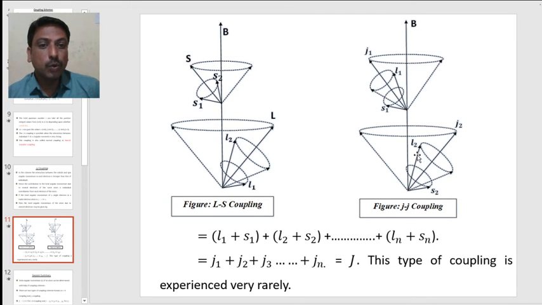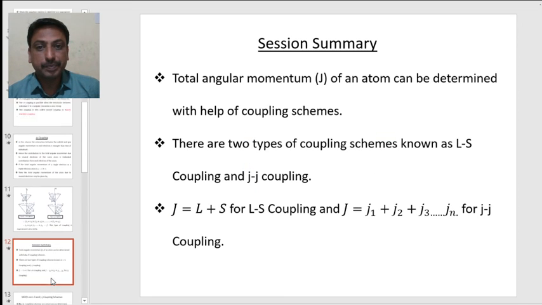Similarly, L2 and S2, the orbital angular momentum and spin angular momentum of another electron, precess around their resultant total angular momentum J2, and further J1 and J2 precess around the applied magnetic field B. So this is how you can see the interaction between orbital and spin angular momentum in the case of LS coupling and JJ coupling.